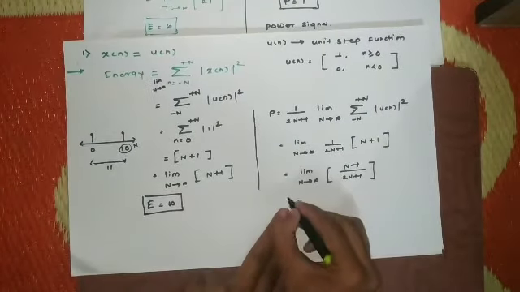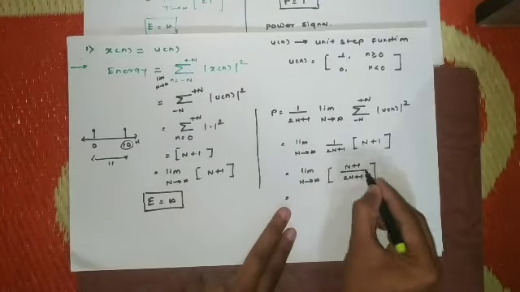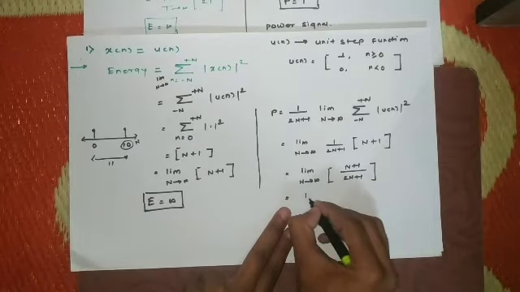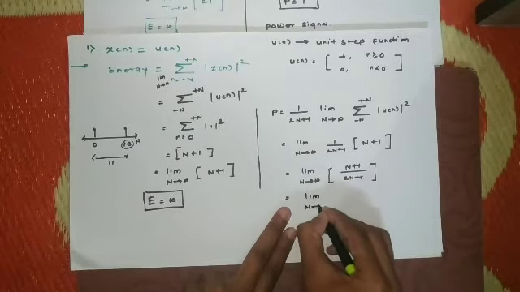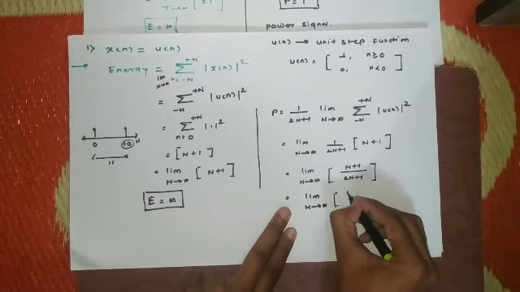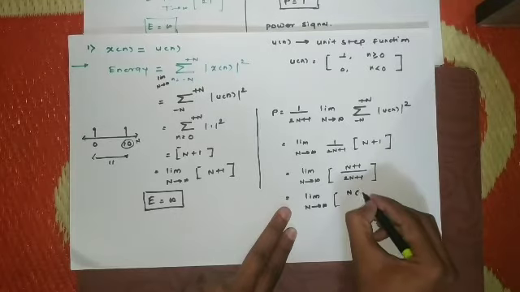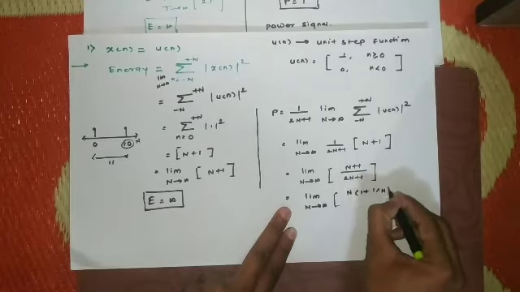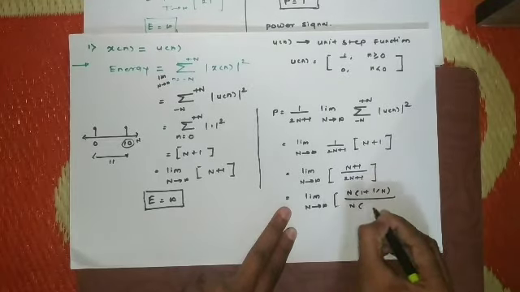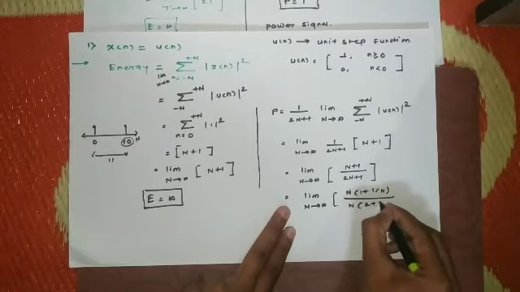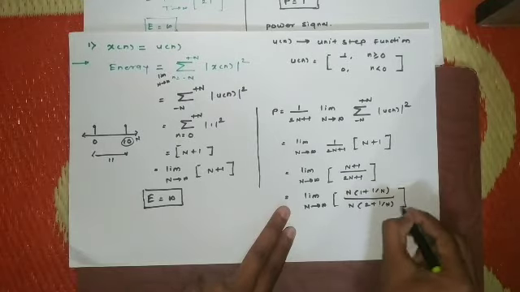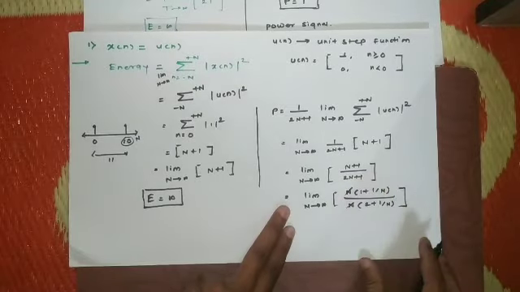So for that case, what can we do? We can take n as common from the numerator and denominator. When we take n as common from the numerator, we'll get 1 plus 1 upon n. Similarly from the denominator, we'll get 2 plus 1 upon n, and this n will get cancelled.